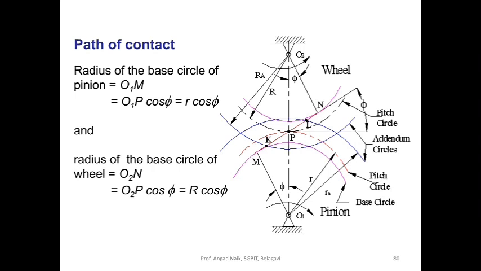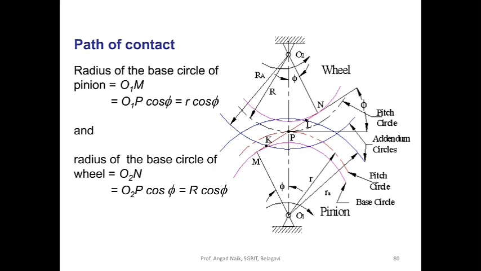Similarly, radius of the base circle of wheel is O2N. In the triangle O2NP, the angle subtended at the center is phi. Cos phi is adjacent by hypotenuse. Adjacent side is O2N, hypotenuse is O2P.